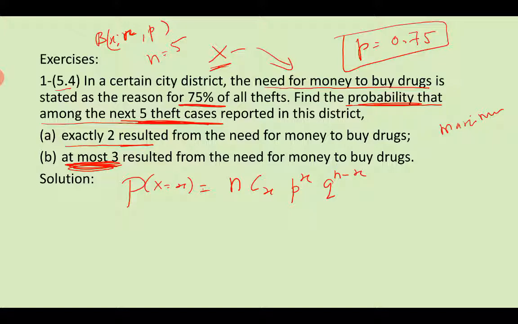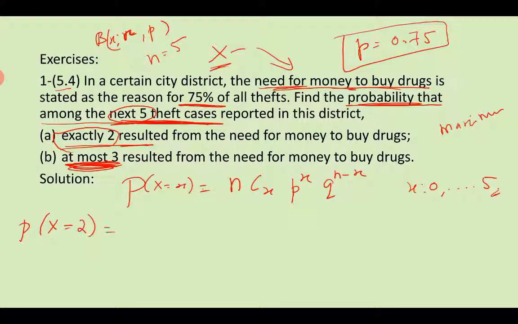And the maximum n here is 5, isn't it? So x can take any value from 0 to 5. There can be no case in our condition, or all the 5 cases can follow the same case, isn't it?